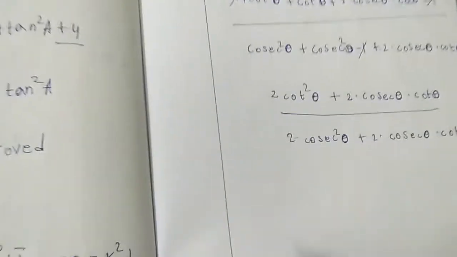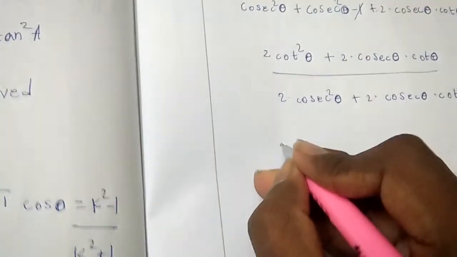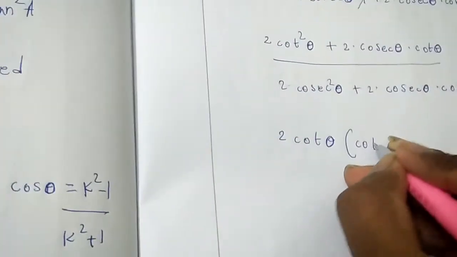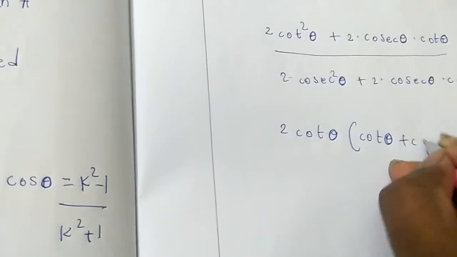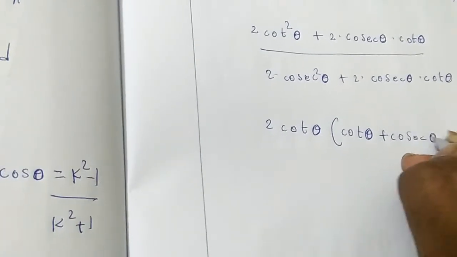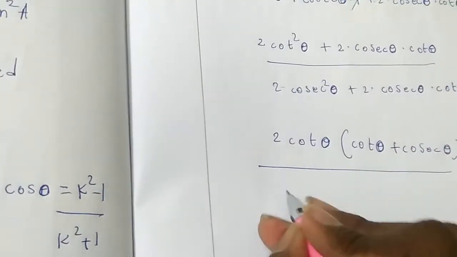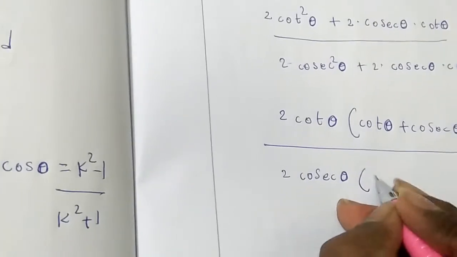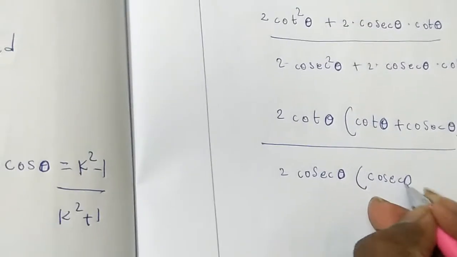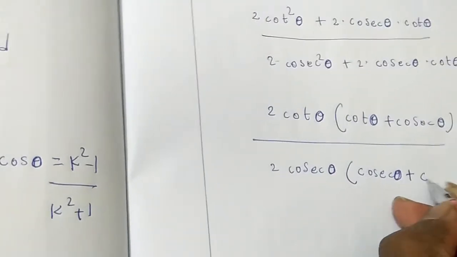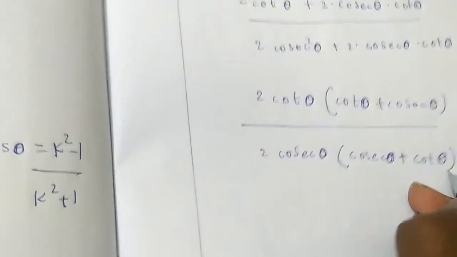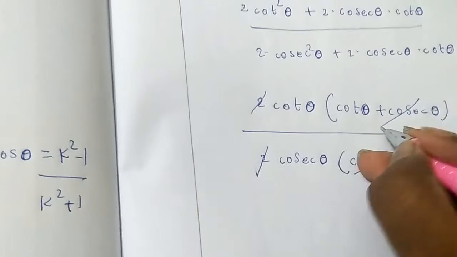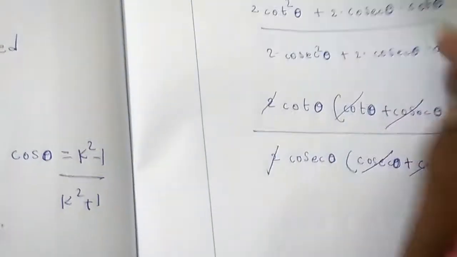So by taking common, 2 cot theta of cot theta plus cosec theta, remained is that one only here, 2 cosec theta into cosec theta plus cot theta. 2 gets cancelled, cosec gets cancelled, cot gets cancelled.